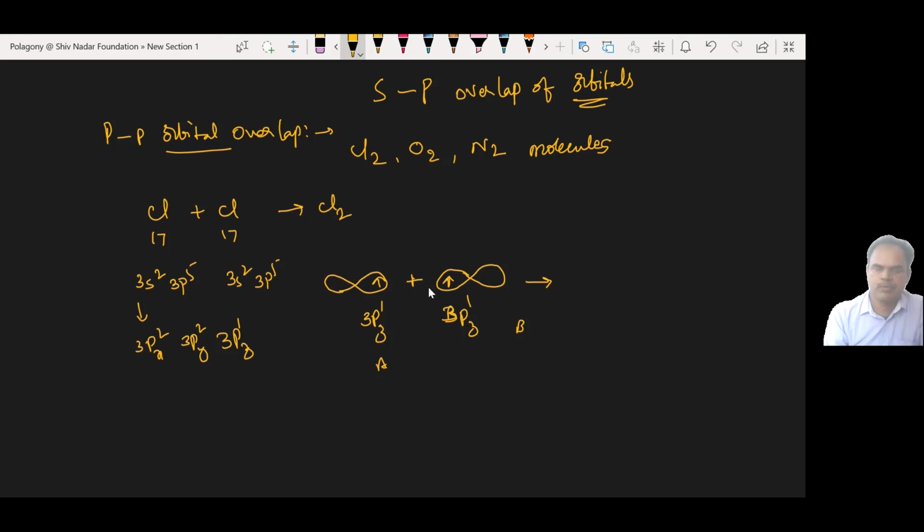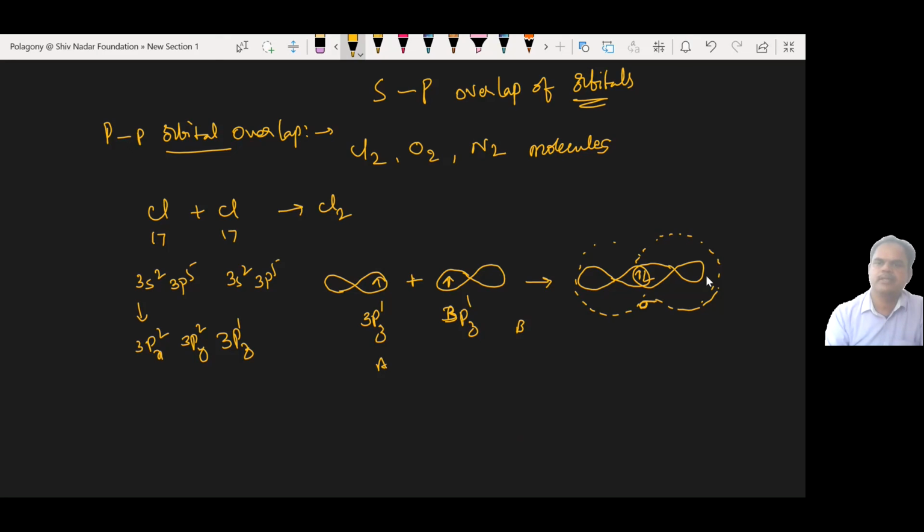When two chlorine atoms approach, these 3pz orbitals overlap by end-on-end overlap, and the unpaired electrons pair up, forming a sigma bond. The sigma bond between the two chlorine atoms is a strong one. You can draw the structure of the chlorine atom like this, and another chlorine atom also.